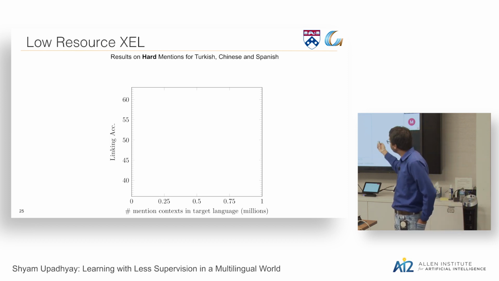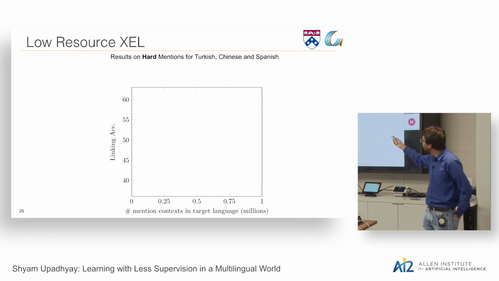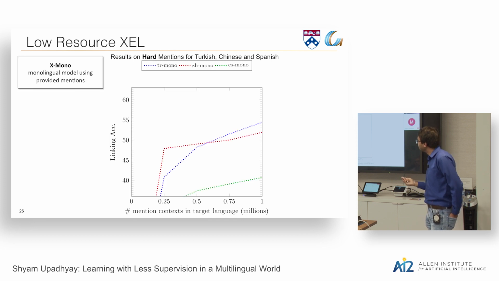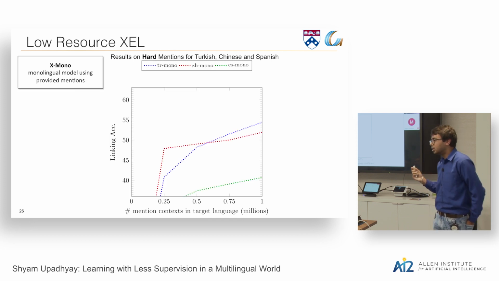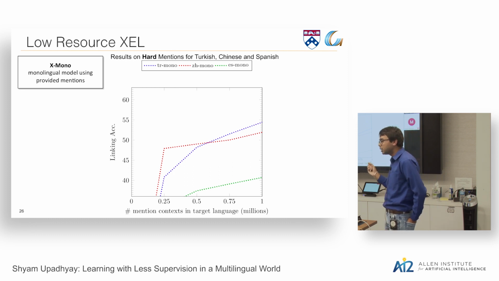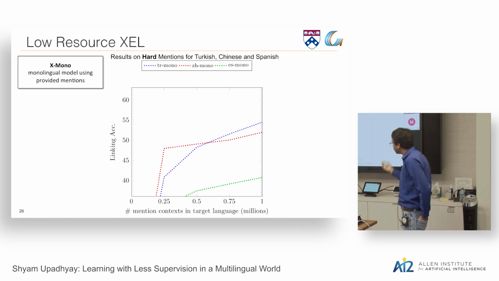I'll do this experiment for 3 languages, again on the hard mentions. This is Turkish, Chinese, and Spanish. So for instance, here is the performance of a model which is only using the monolingual supervision. It only uses, say, 250,000 mentions to achieve that much performance. You can see that the performance is quite poor.